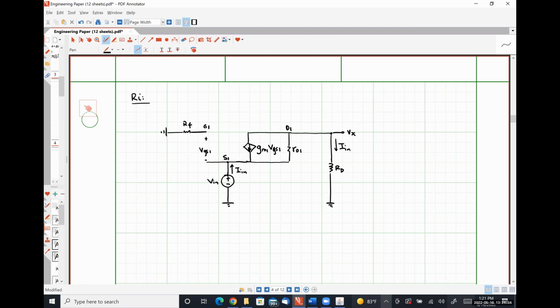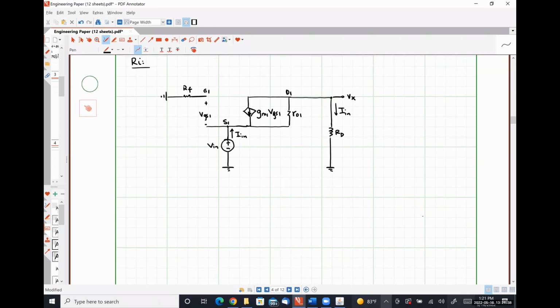What I mean by that specifically is that I have a voltage drop over my resistor RD that is equal to IN times RD, and that has to be the voltage drop over this resistor R01 plus this voltage VN. Does that make sense? So the potential difference between here and here is this drop plus this drop.